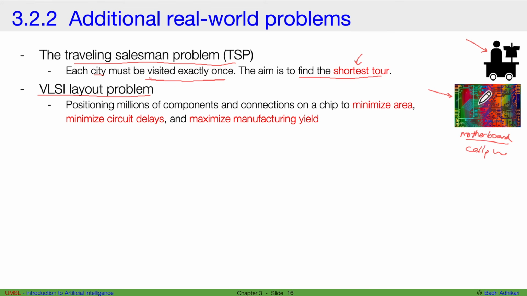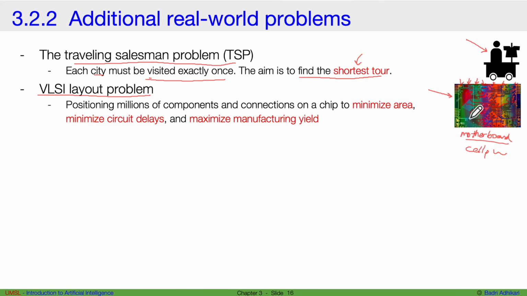So such a motherboard or a plate has many transistors and capacitors and many other components, CPUs and many other things, that have connections between them. Say, for example, this may be your first transistor, T1, this may be another component, C2, and you may need to connect them, maybe with 20 different wires that connect these two components.